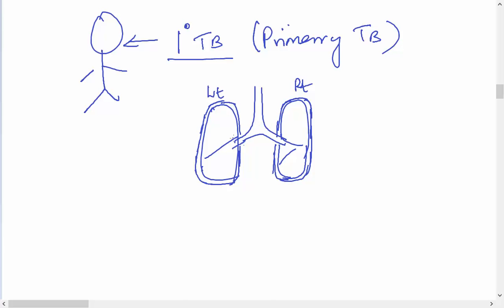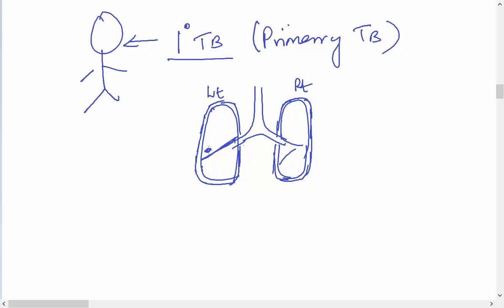Once the mycobacterium enters the left lung, they settle in the distal alveoli, the last alveoli of the lower part of the upper lobe. You understand?